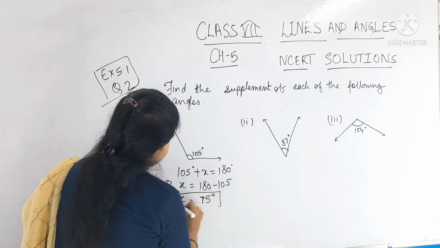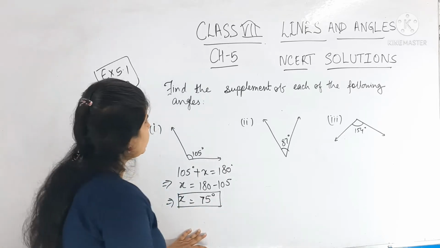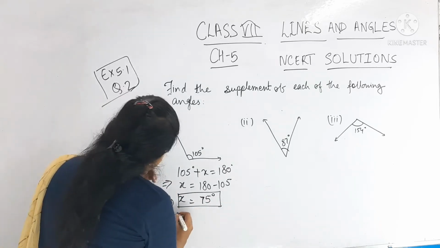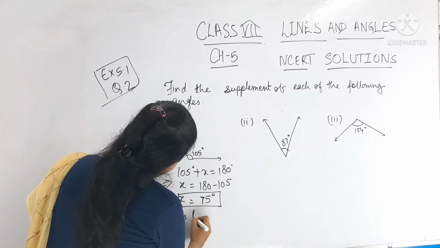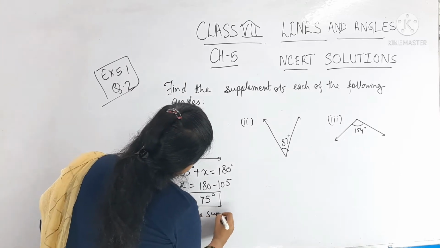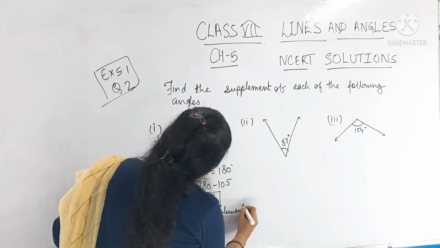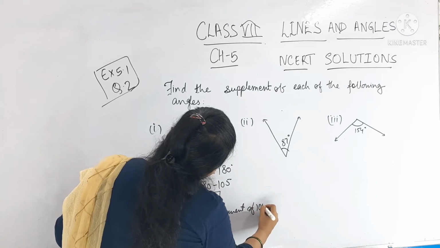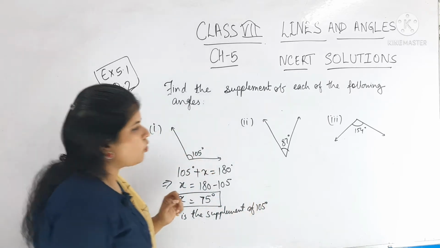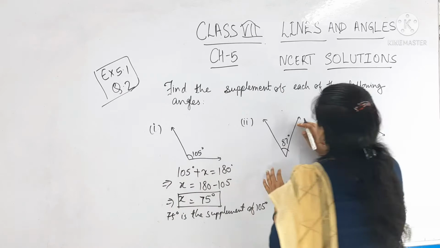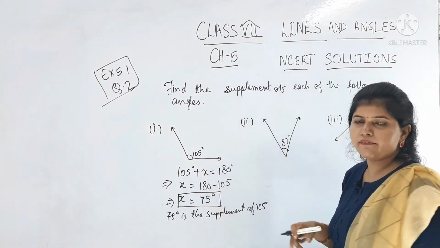So x equal to 75 degrees is the supplement. We have to write like this: 75 degrees is the supplement of 105 degrees. Now come to the second part, 87 degrees.